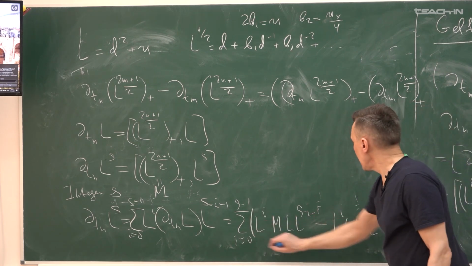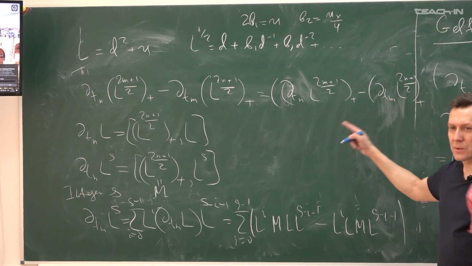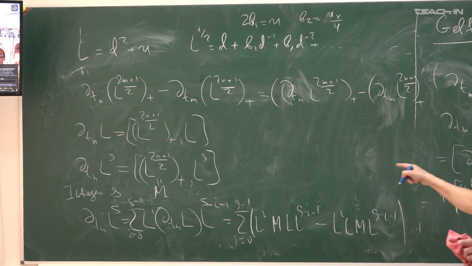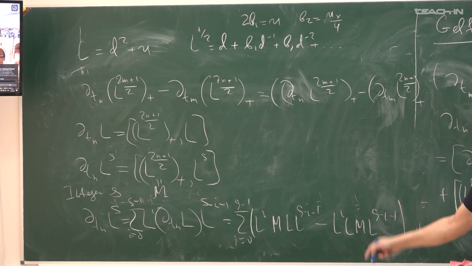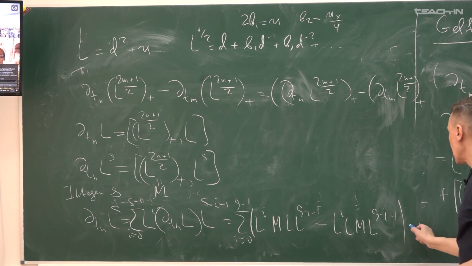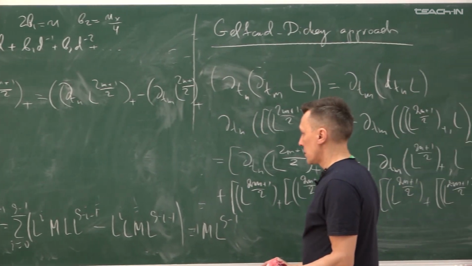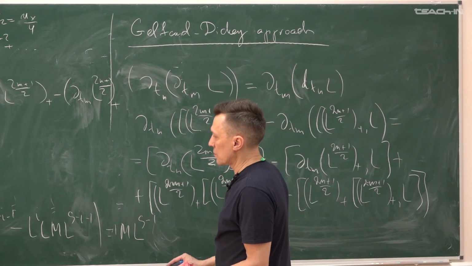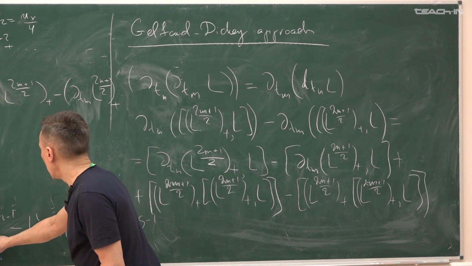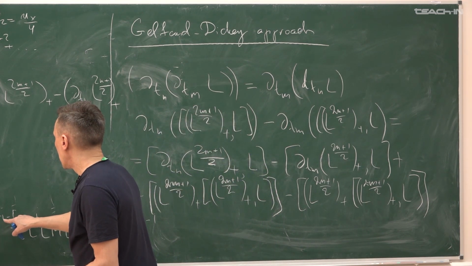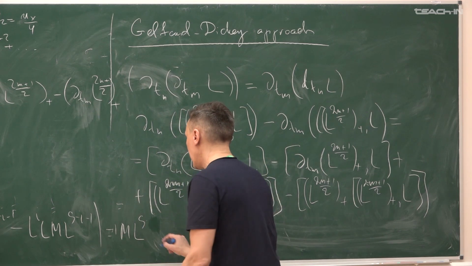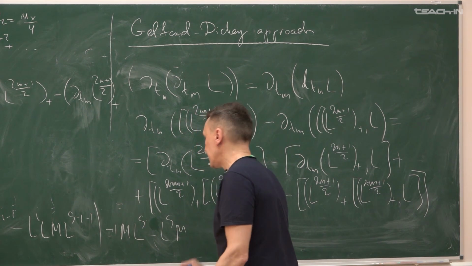In this sum, all terms except the limit case cancel each other. So it is equal to the commutator of M with L^s.